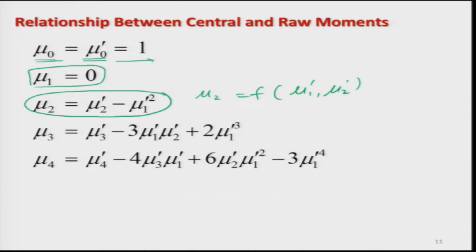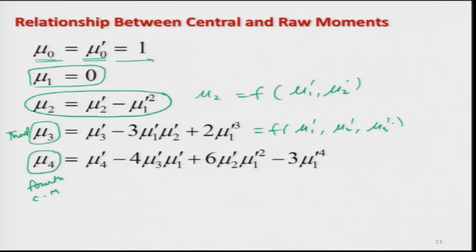Using a similar concept, I can also express the third central moment as a function of mu 1 prime, mu 2 prime and mu 3 prime. And similarly, the fourth central moment can be represented as a function of mu 1 prime, mu 2 prime, mu 3 prime and mu 4 prime.